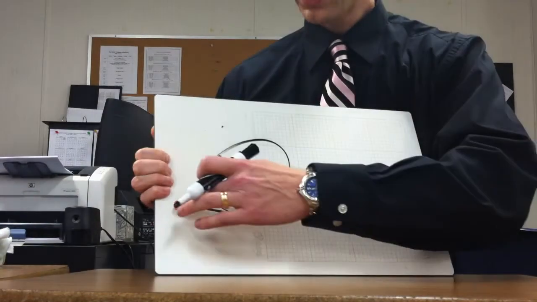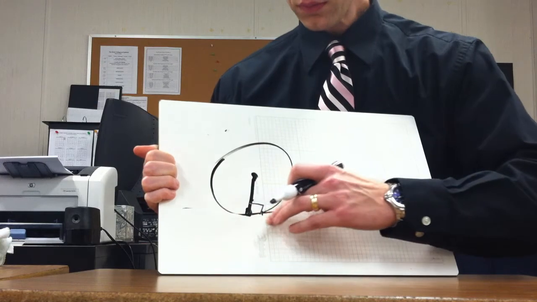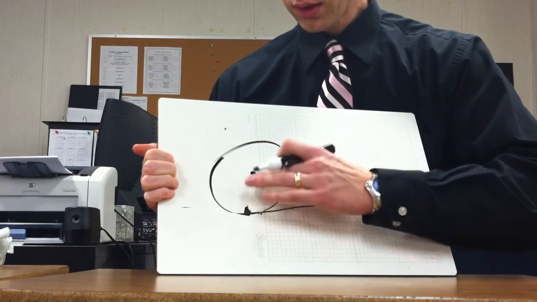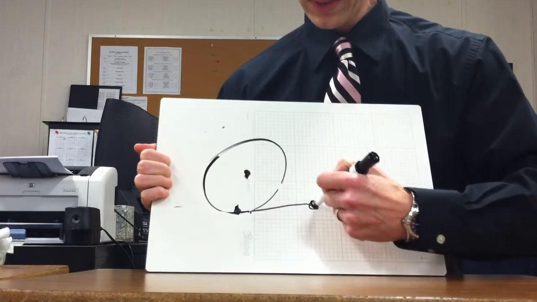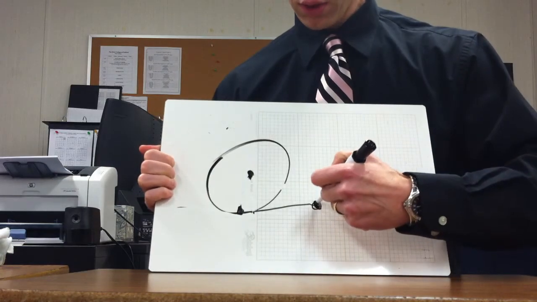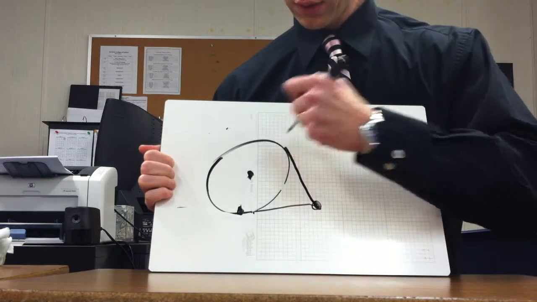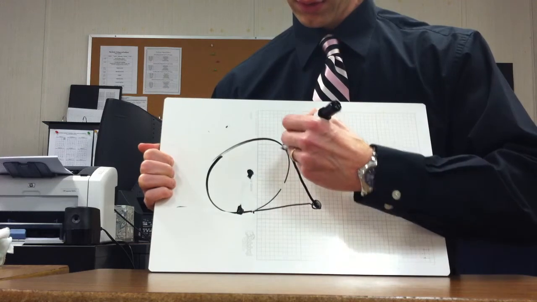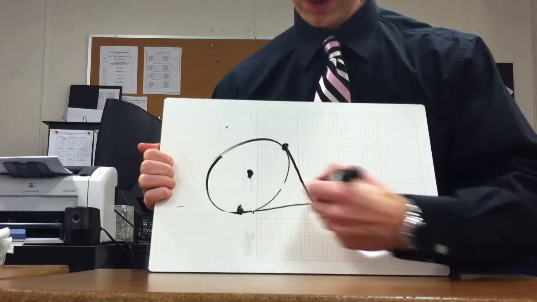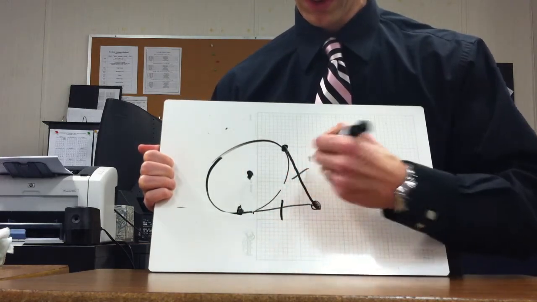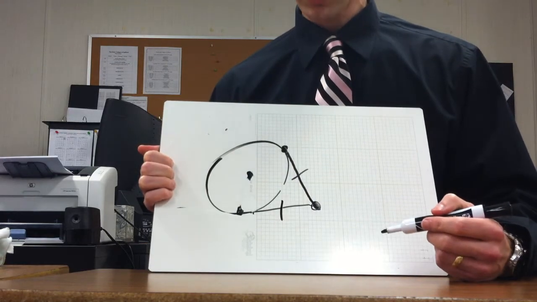Okay, the other thing you need to know about tangents is that if you have an external point outside of your circle and you draw 2 tangents, those 2 segments from the point of tangency to your external point, they have to be congruent. Okay, and once again, that's a theorem. It can be proven.